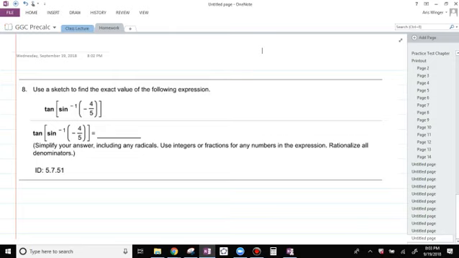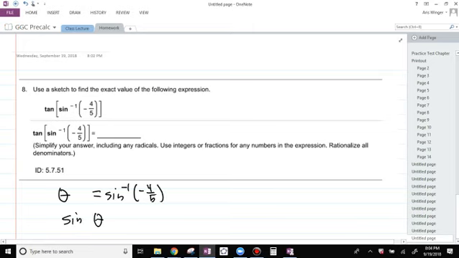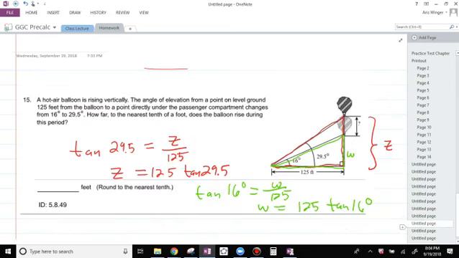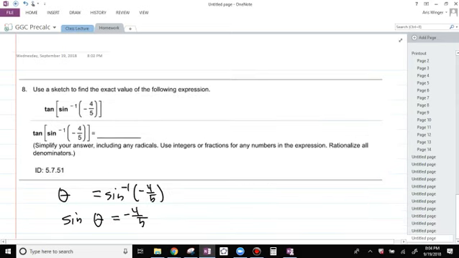So let's see how we would get that by hand, just in case you run across some radicals. All right, so we let theta be inverse sine of negative 4/5, right? So the sine of theta is negative 4/5, right? So then we've got a triangle that looks like this.